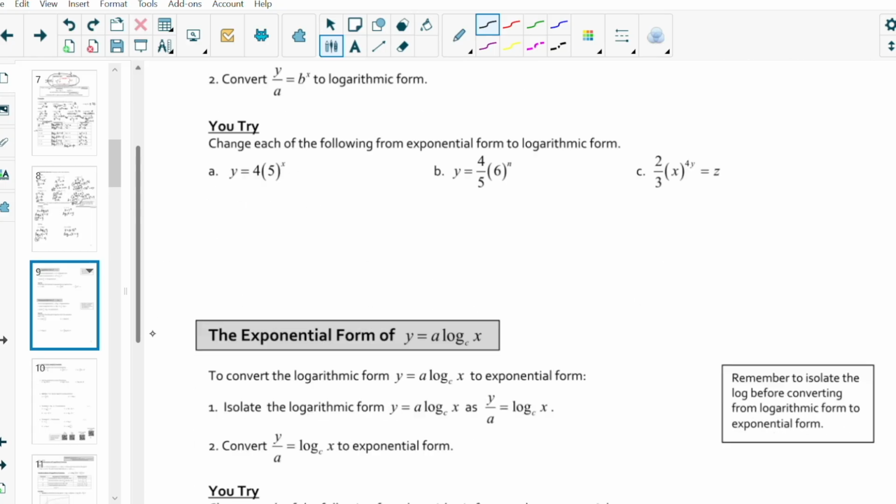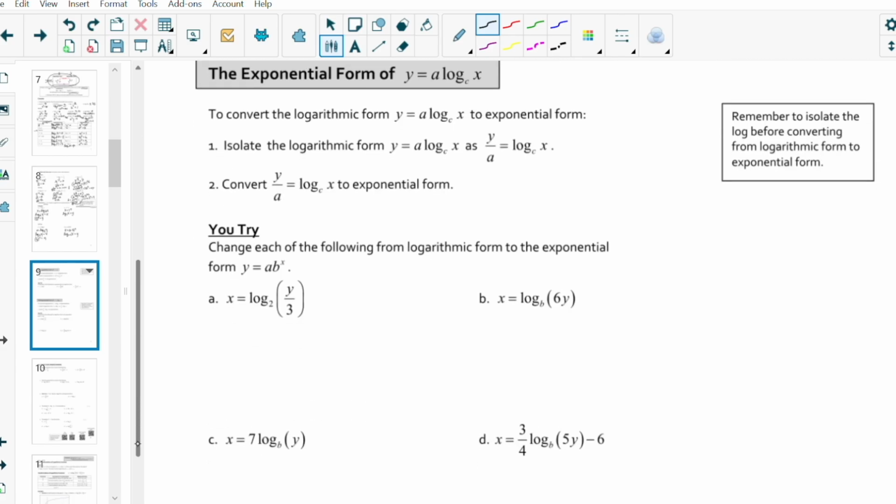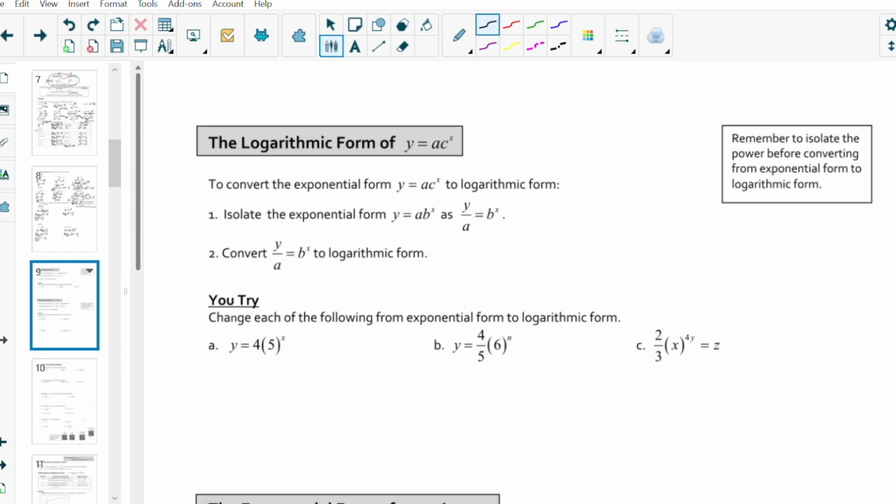Okay, go to the next page. Almost there. This is a long introductory lesson, okay? Let's talk about the logarithmic form of y equals a times c to the x.